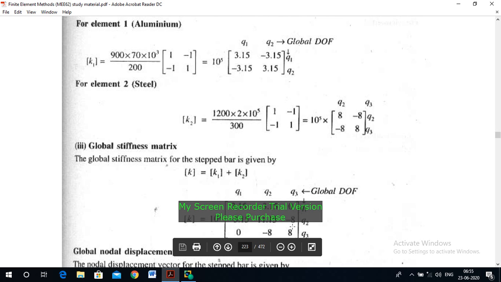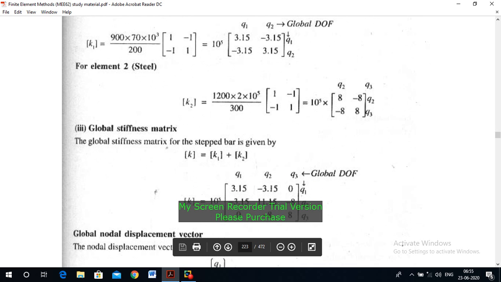Therefore, here minus 8. And because it is symmetric in nature, we can write minus 8 here as well. Next, we need the element corresponding to column 3 and row 3, that is, the element corresponding to 3 and 3.